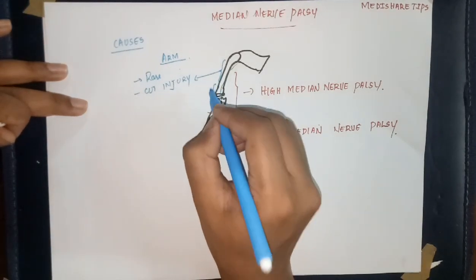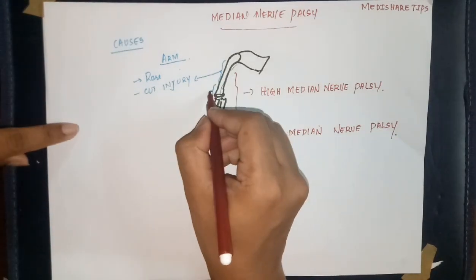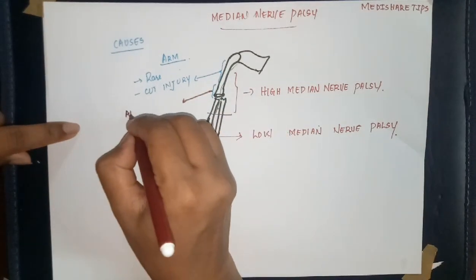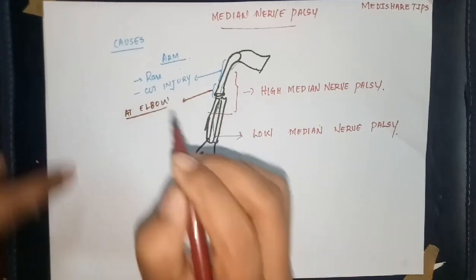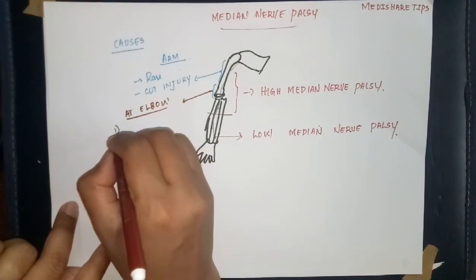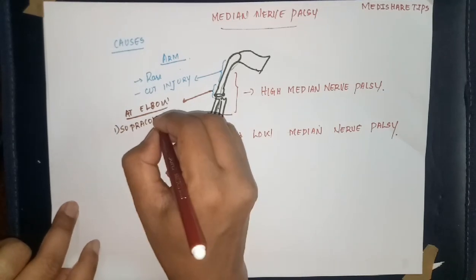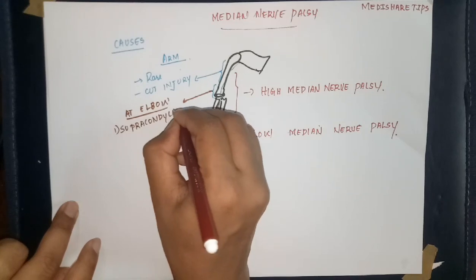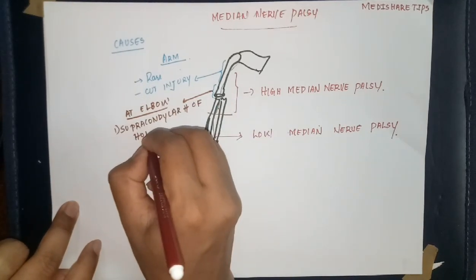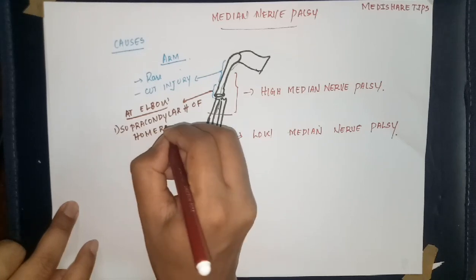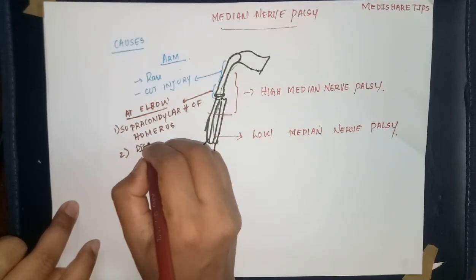At the elbow, the cause can be either a supracondylar fracture of humerus or dislocation of elbow.